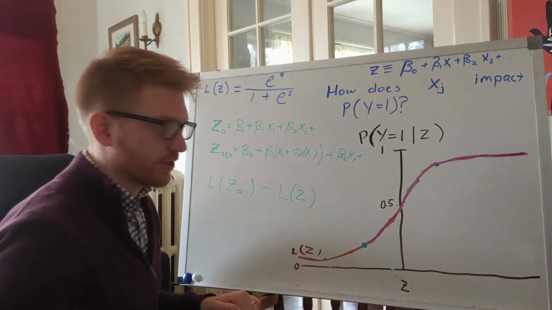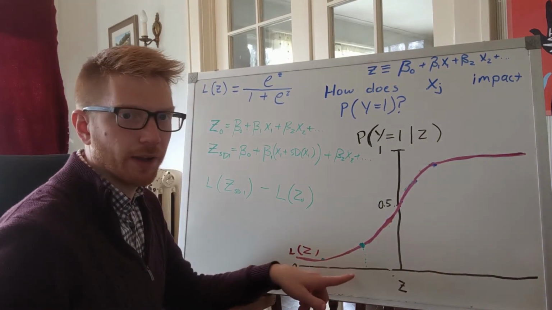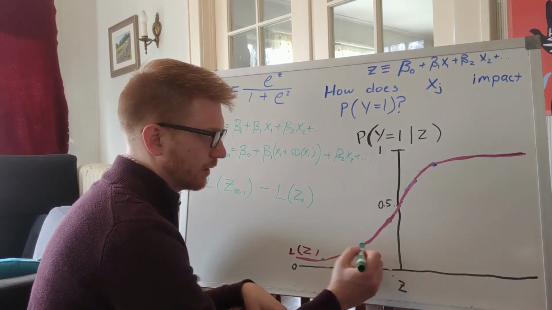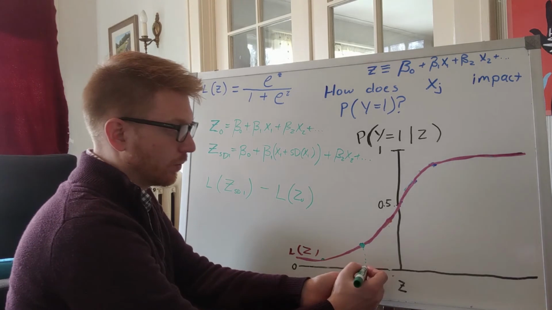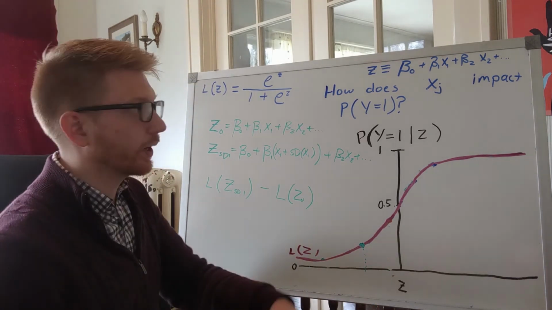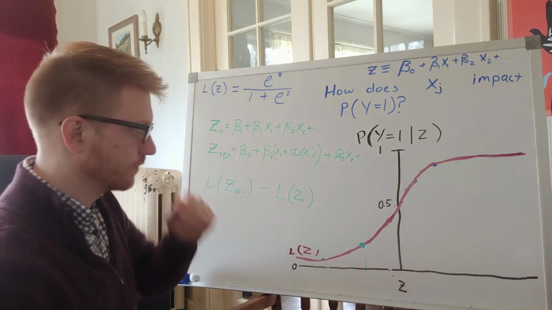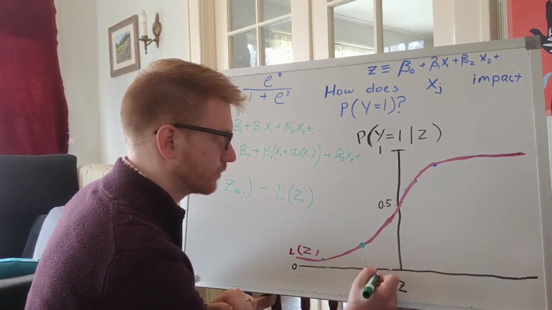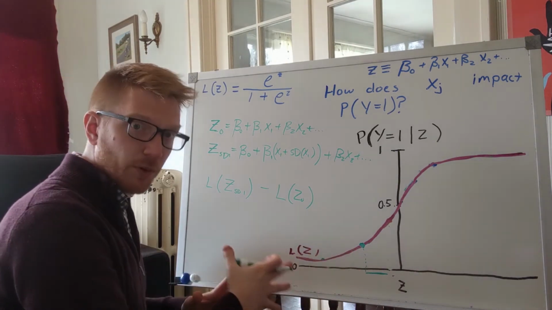So let me demonstrate this graphically. So let's say that this is the starting point that we have picked, this highlighted point. And what we're going to do is increase x by a standard deviation. If beta is negative, we're moving to the left.